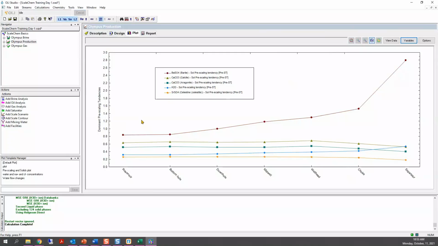By putting this gas in equilibrium with the water and at different temperatures and pressures, now you can see that at all times calcite is not even supersaturated. It's undersaturated or subsaturated, and what now is precipitating out is only the barite. Okay.